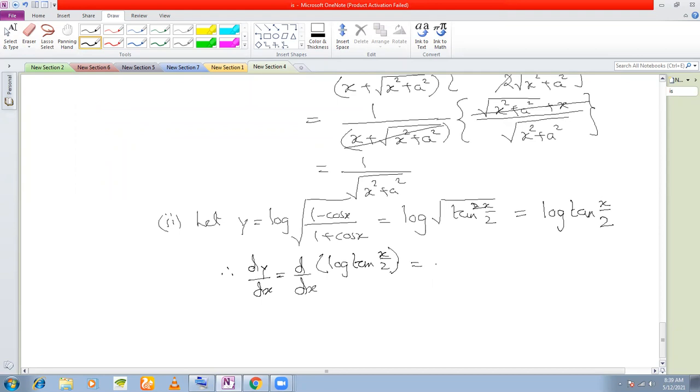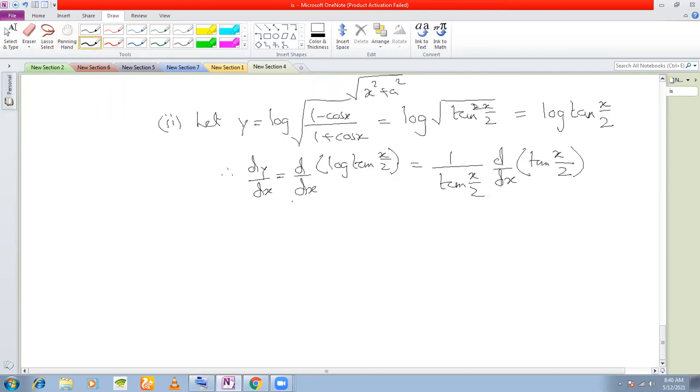which is, if you differentiate, first you differentiate the log. d dx of log, you know, is 1 by x. So this is 1 by tan x by 2. And then you differentiate what is within the log, tan x by 2. What do you have? 1 by tan x by 2 into d dx tan x by 2.